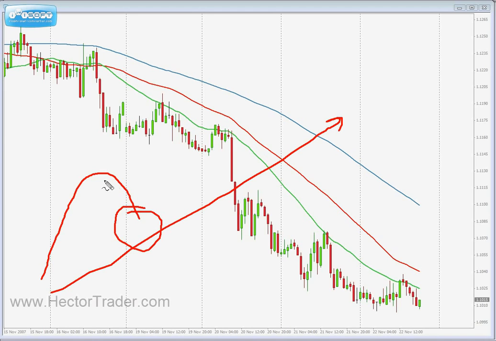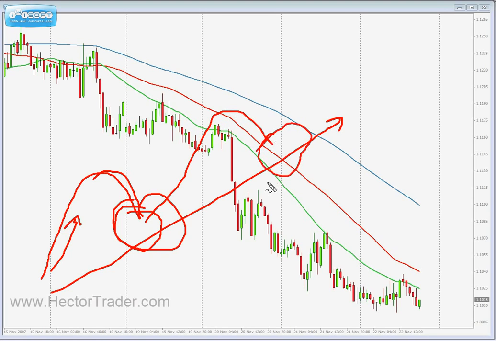Price retraces back, they add to their already long position, and therefore price moves forth into a new swing. Then upon the next pullback they add to their position again, and so on and so forth. Same thing as in a downtrend.